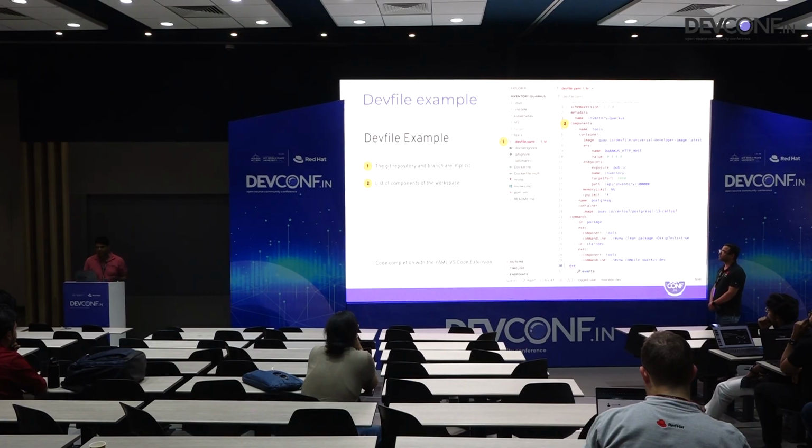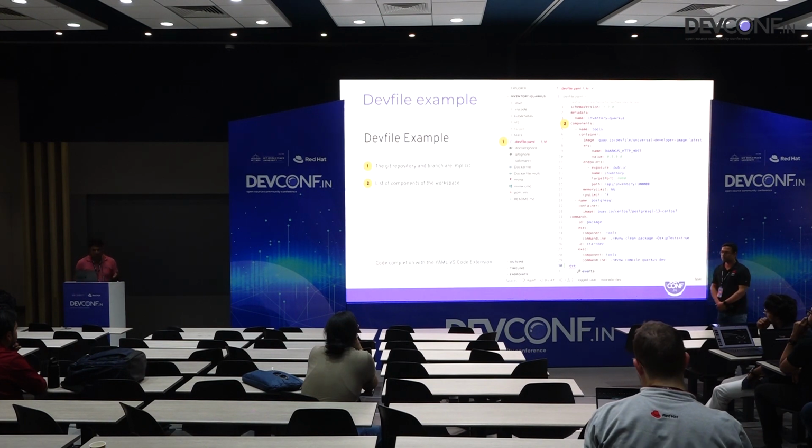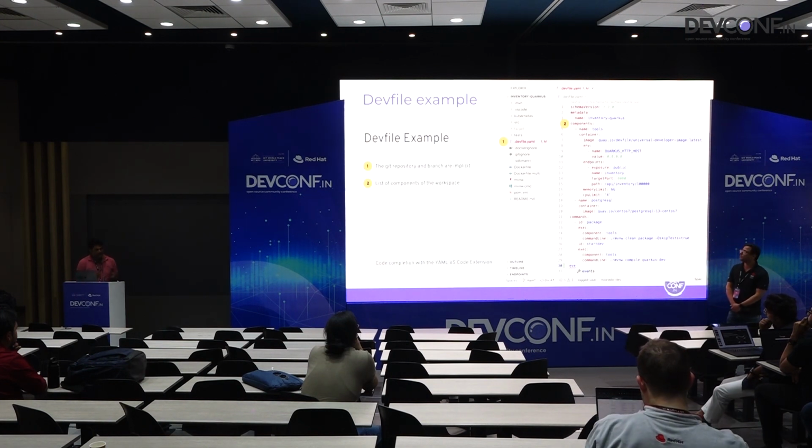As Mohit was mentioning, we use a UDI image here. So in this example, we have two components. First is our UDI image, that is our workspace container image. Then we are also taking a PostgreSQL image, which is a helper container to run our application. So these components we can plug together in the devfile itself.